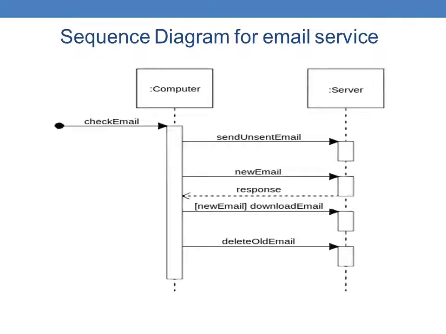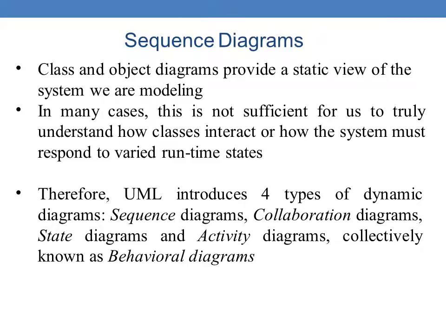After a new email, if the server gets a response, if we send, it downloads that email; otherwise it deletes that old email. So it is a step by step process done through this sequence diagram. It shows how the instructions go through the server and the computer.